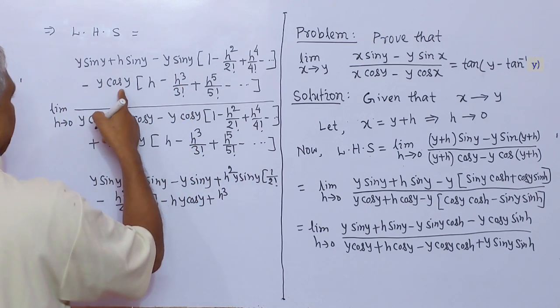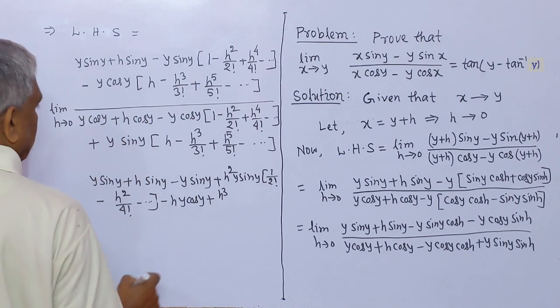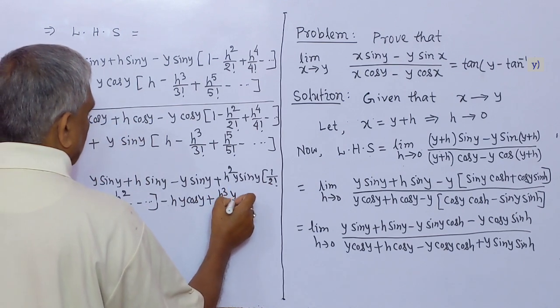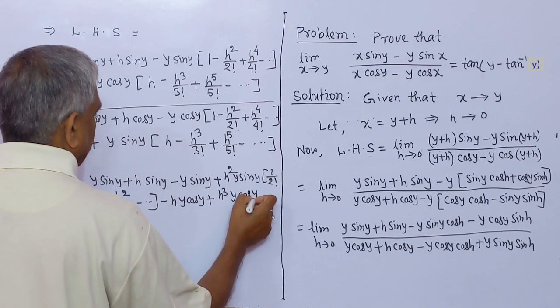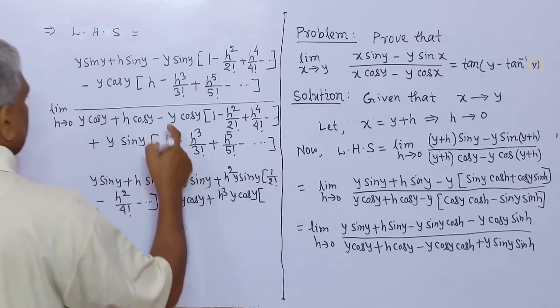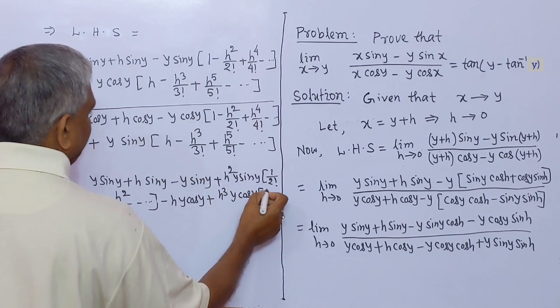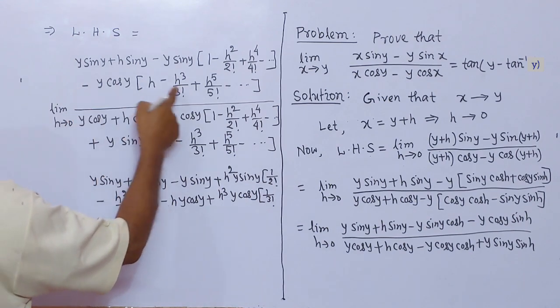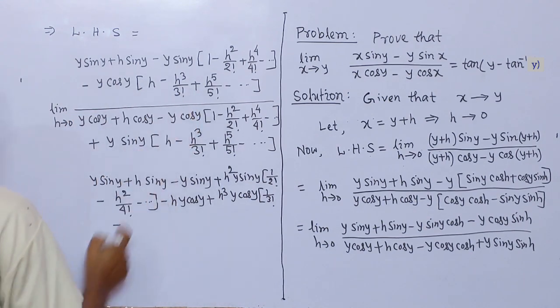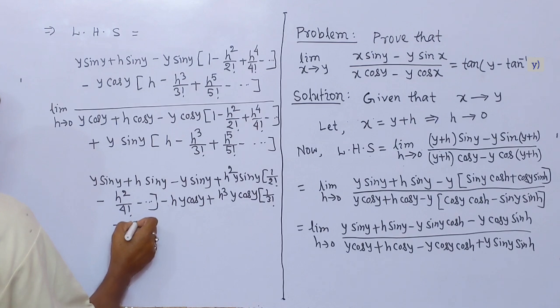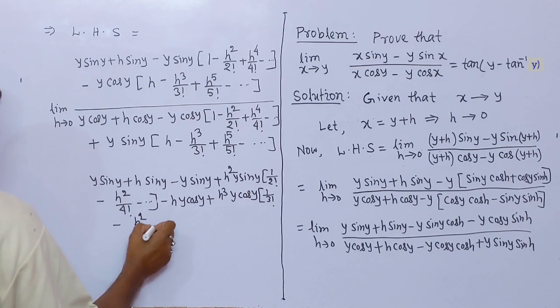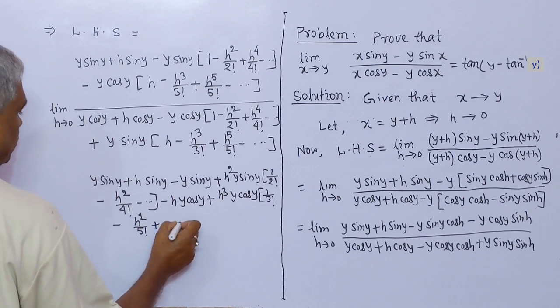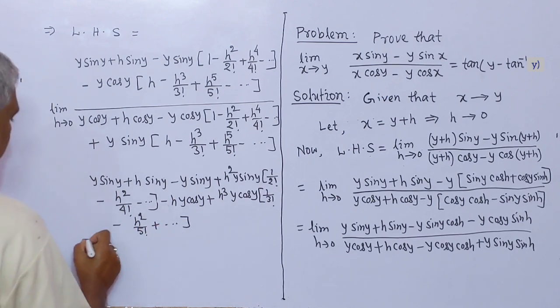Here y cos y remains here 1 by factorial 3 minus plus minus h square by factorial 5 plus dot dot dot.